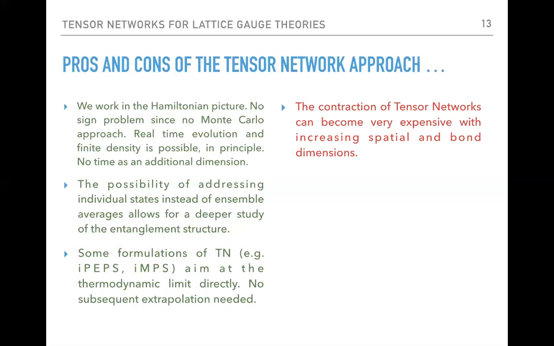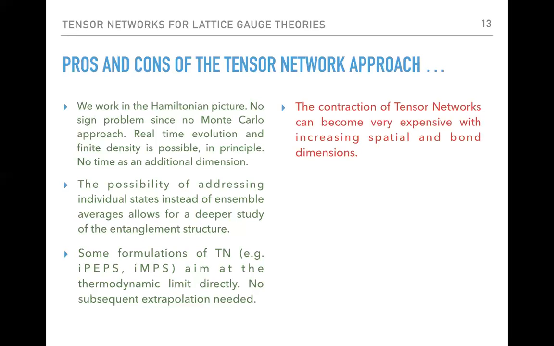But of course, there are also some cons, and the contraction of these tensor networks can become very expensive. So summing over all these edges can become very expensive with increasing spatial and bond dimensions. For example, for MPS, the runtime complexity of contracting an MPS grows with d to the 3, where d is the bond dimension of your MPS.